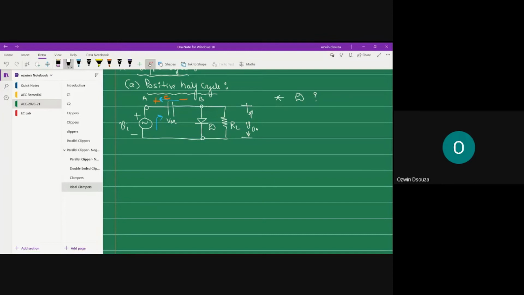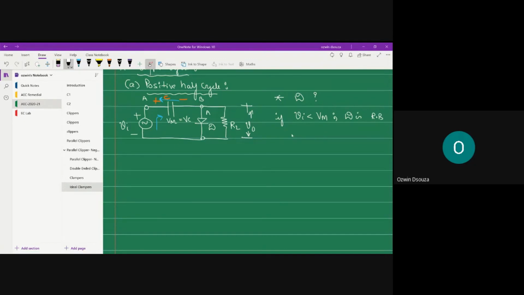So if your input is less than Vm, where Vm is nothing but Vc, what happens? The negative terminal of the capacitor is connected to the anode of the diode, right? So D is reverse biased.